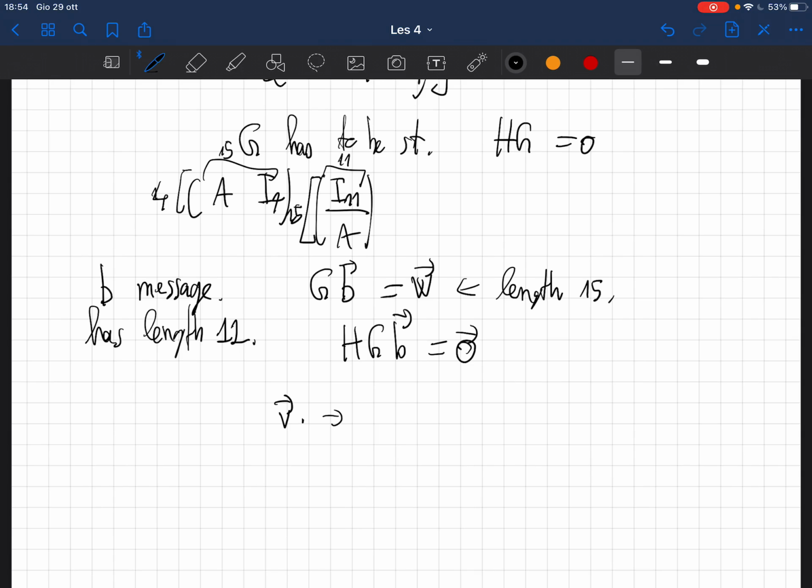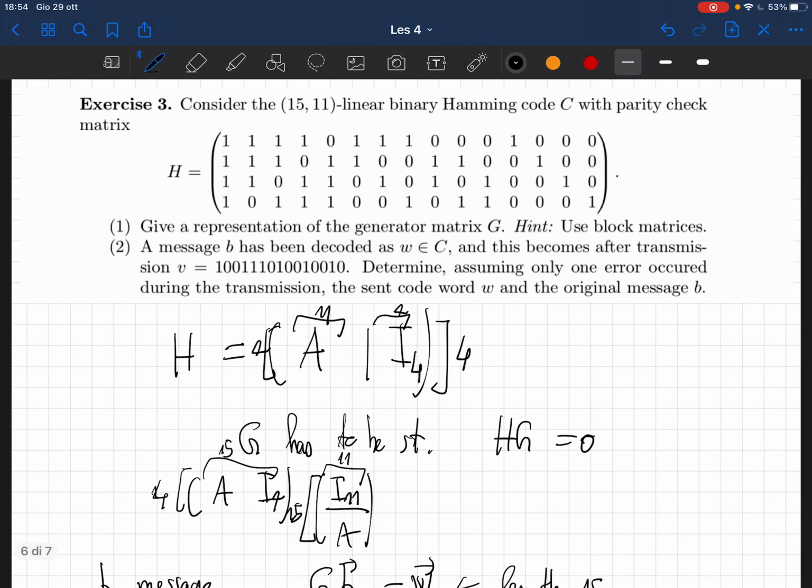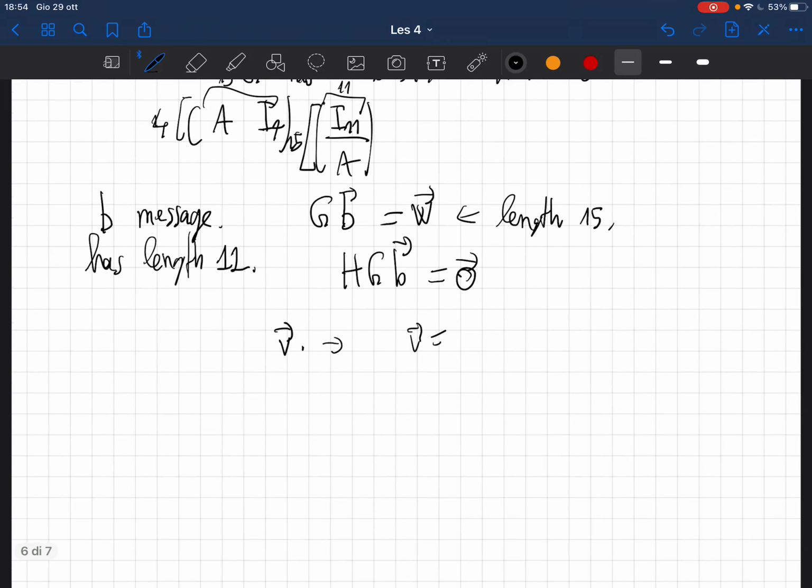Say you have just one error, so V in this case is just this string of zeros and ones. Say you have some error, we don't know where, but this means that something which is 1 is instead a 0 in the correct transmission.